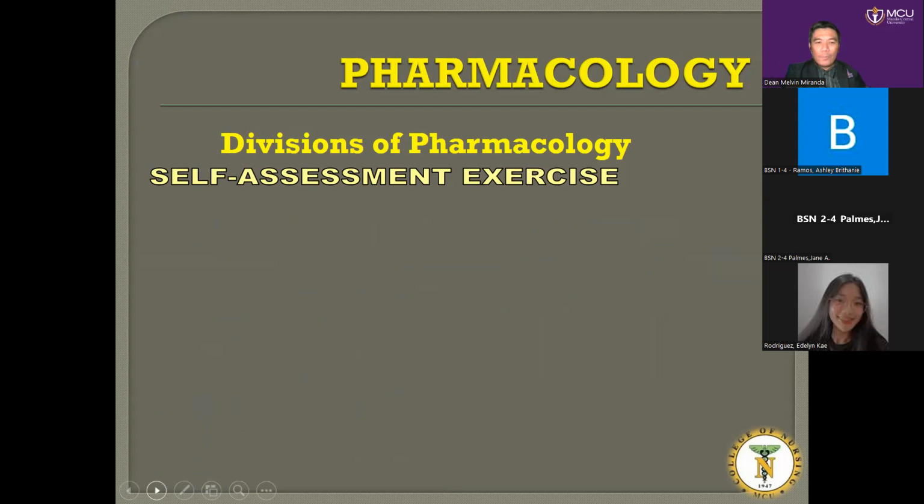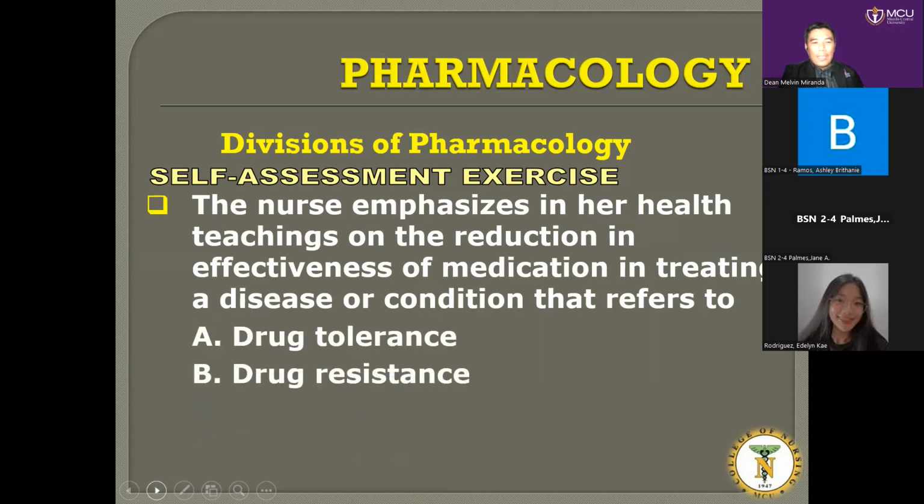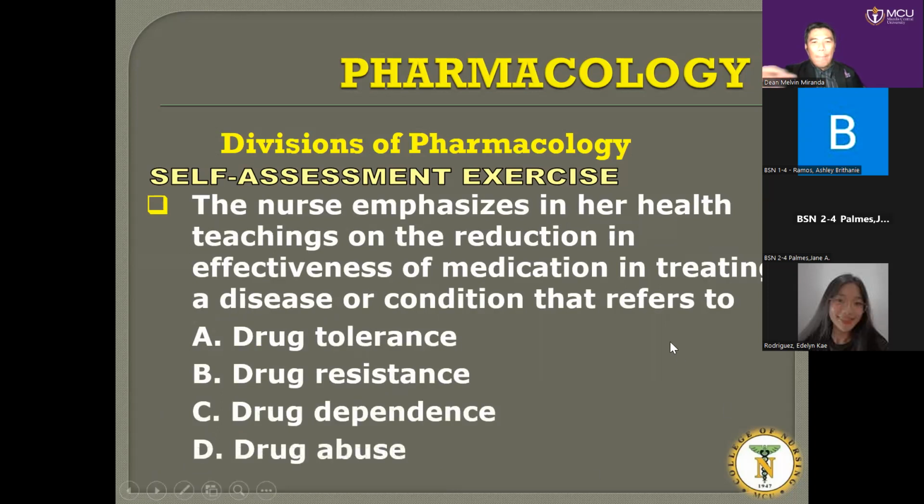Next question. The nurse emphasizes in her health teachings the reduction of effectiveness of medication in treating a disease or condition. I'll set an example for this. Is it letter A, drug tolerance? Letter B, drug resistance? Letter C, drug dependence? Or letter D, drug abuse?